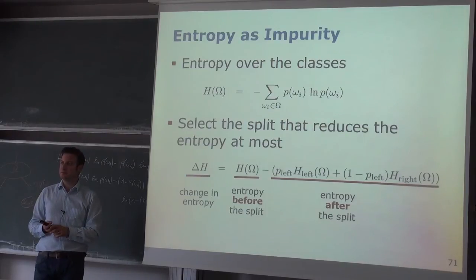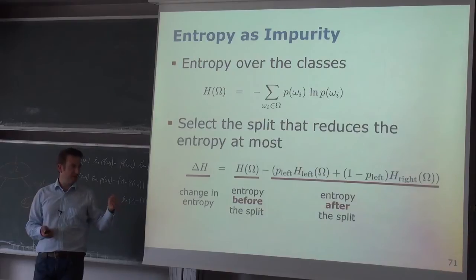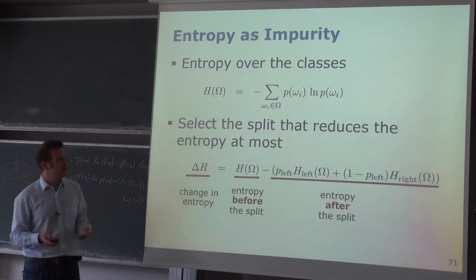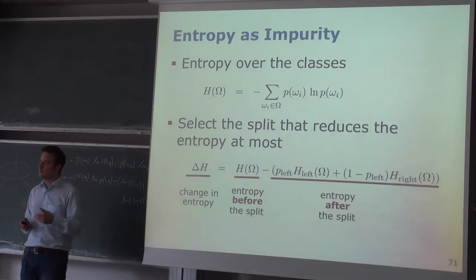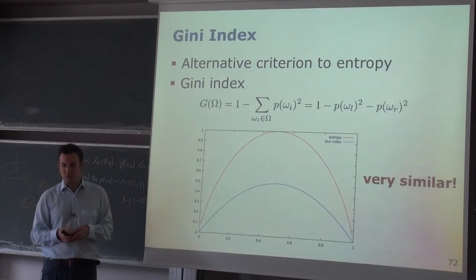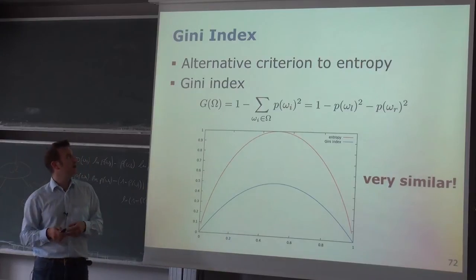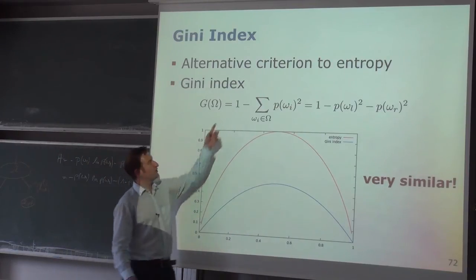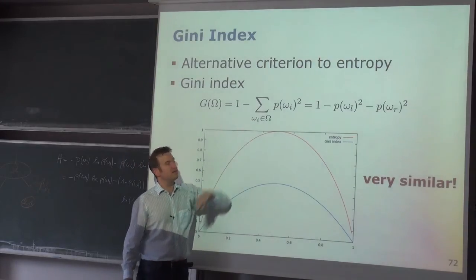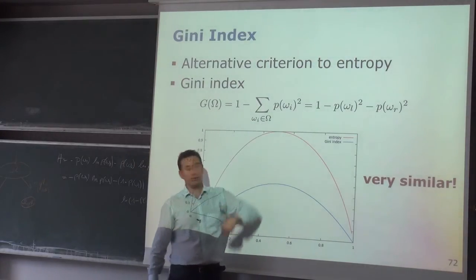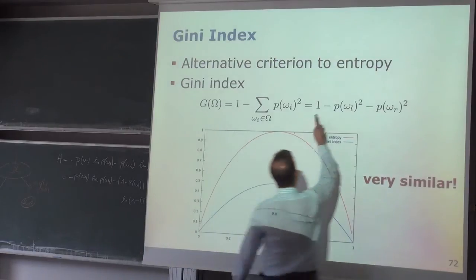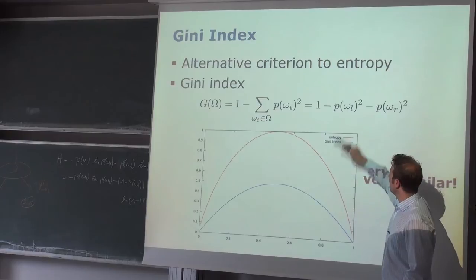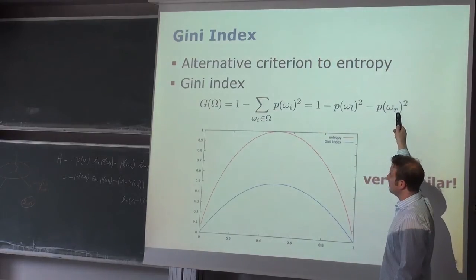Okay? So this entropy is a measure which comes from information theory. Shannon introduced that. There are other ways for measuring impurity, and one was proposed by Gini as an alternative criterion to entropy. It's called the Gini index, which is basically 1 minus the sum over all classes of the squared probabilities. So in our case, it would be 1 minus the probability that we're in the class left and class right, both squared.